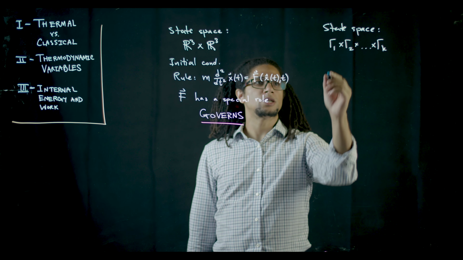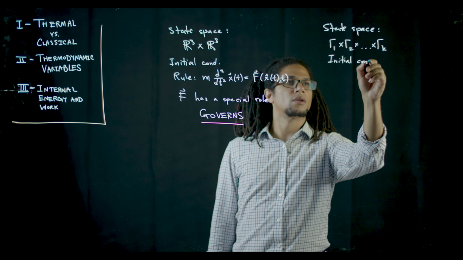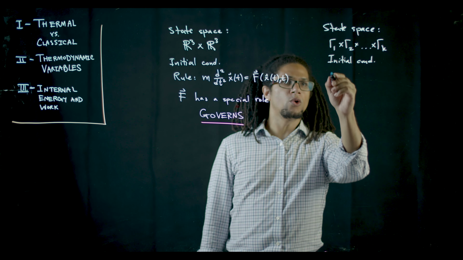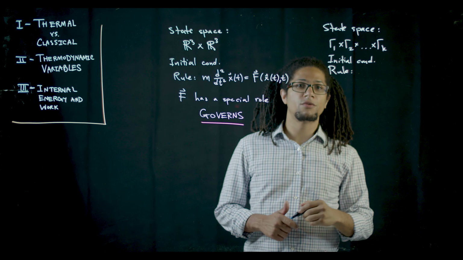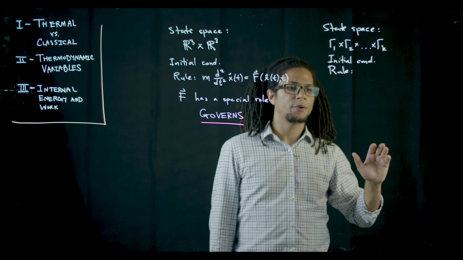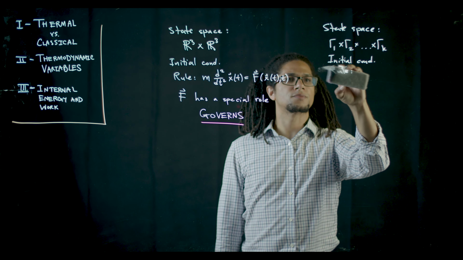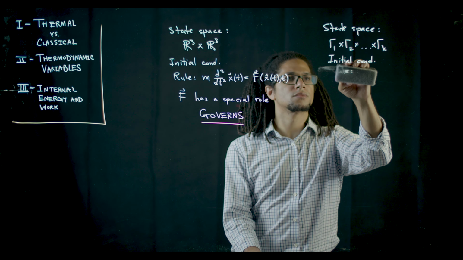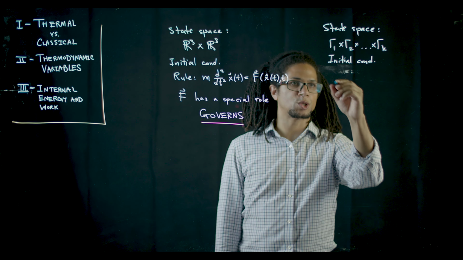We also need an initial condition. And we said that our rule, or I should say, the analogy of a rule that we get in this case, is a list of allowable operations and their results.